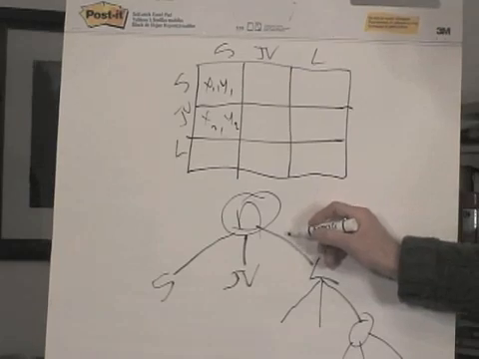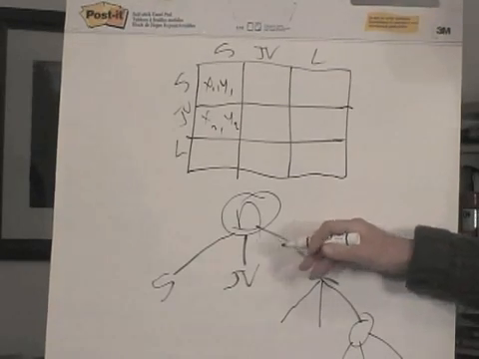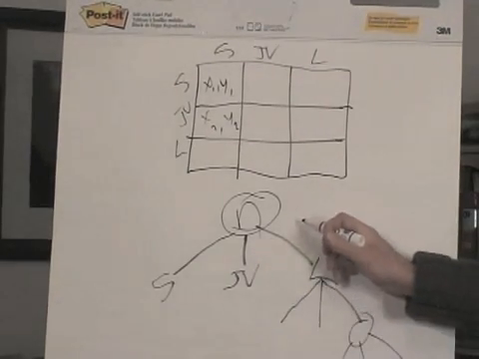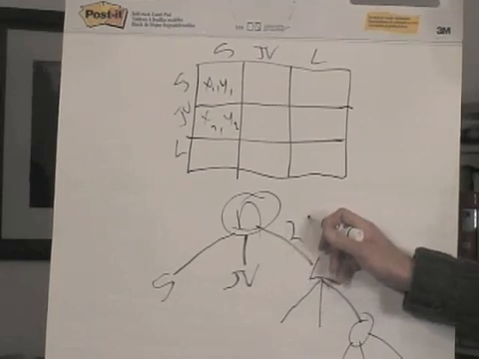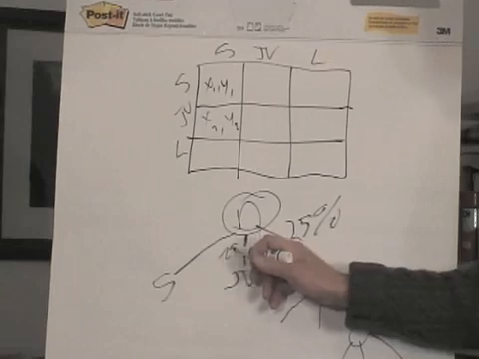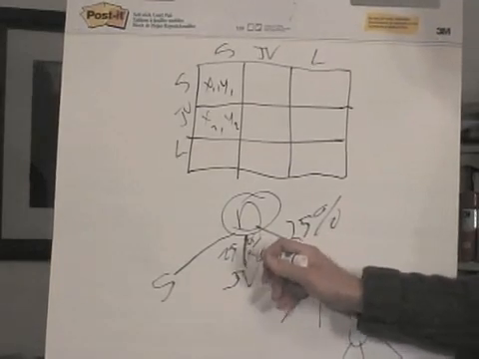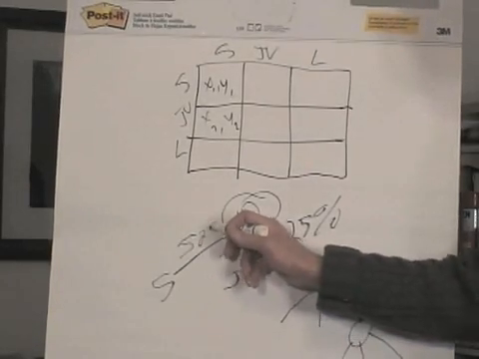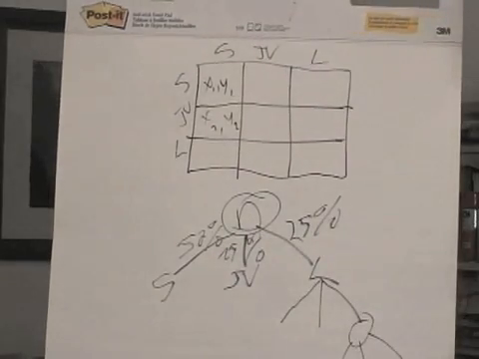Notice that there's a certain probability, a certain likelihood of this happening. This has a 25% probability of happening. This has a 25% probability of happening. This has a 50% probability of happening.